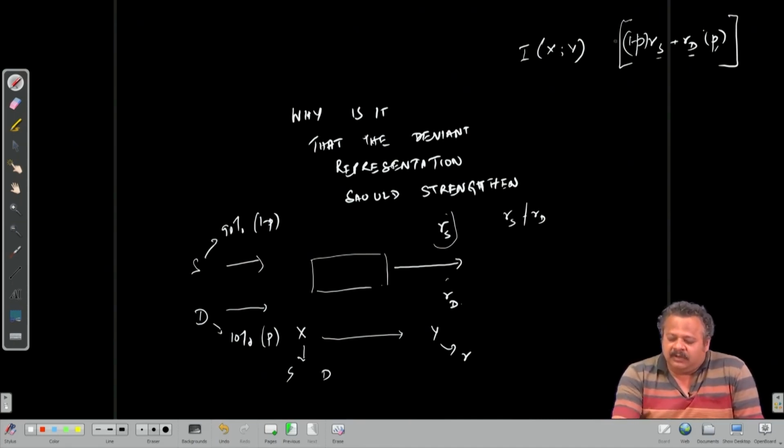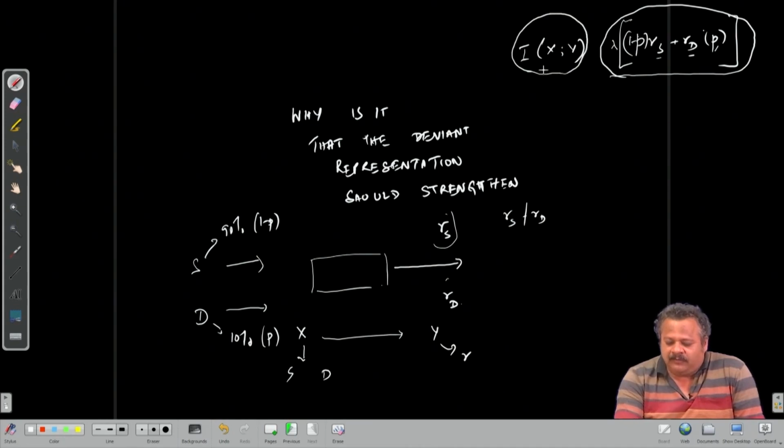And of course we need a normalization factor between the two. We can put in a lambda, and so we want minimal amount of rate and maximum amount of mutual information with a monotonic change in RS and RD. With a minus sign, we want to minimize this and maximize this.